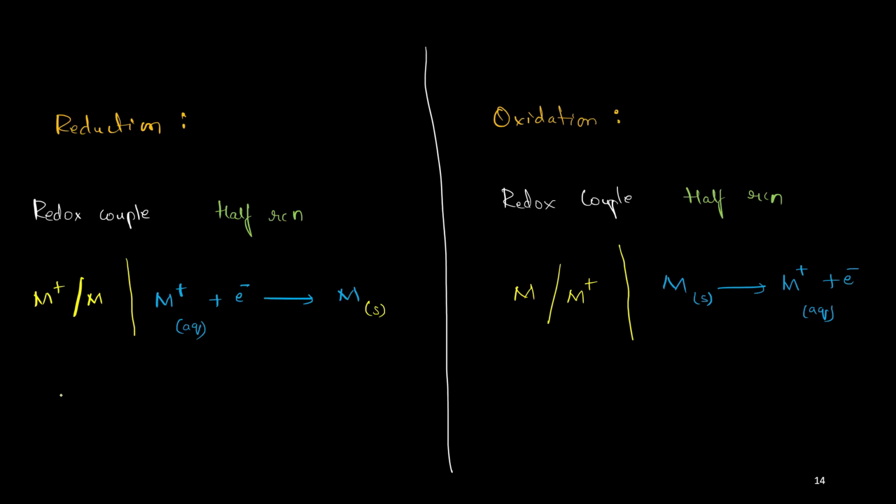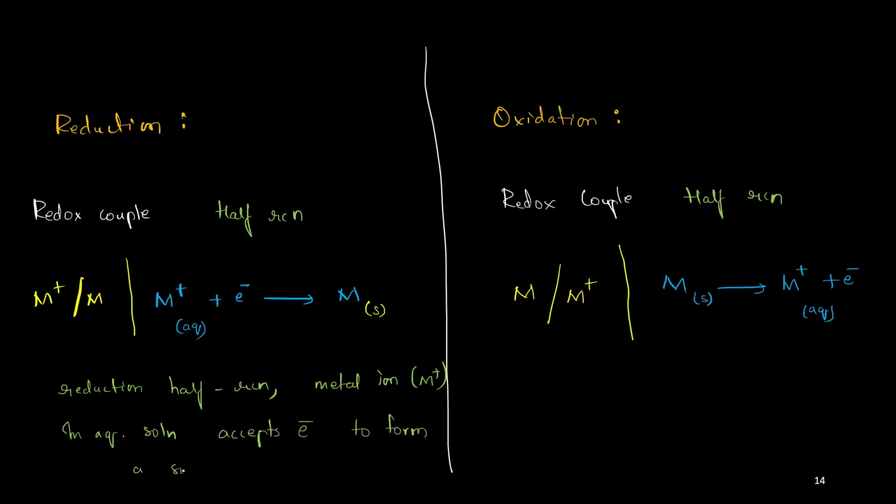So this is a reduction half reaction where a metal ion, which is nothing but M plus, in aqueous solution accepts an electron to form a solid metal. That is this one, the reduction half reaction.